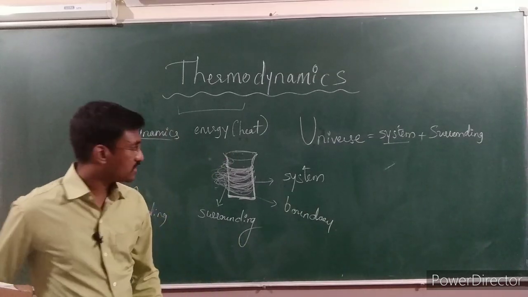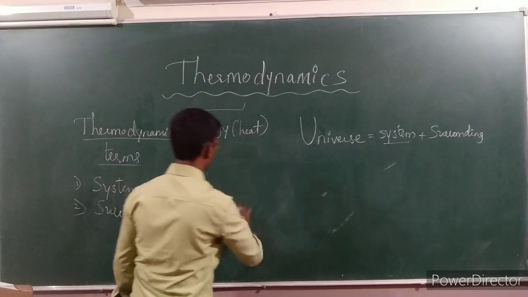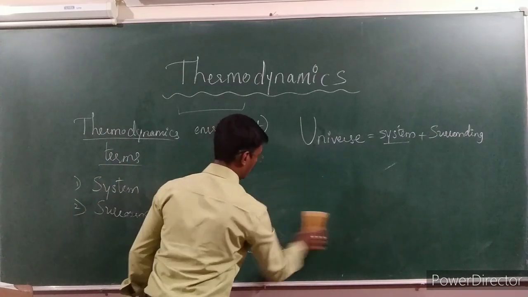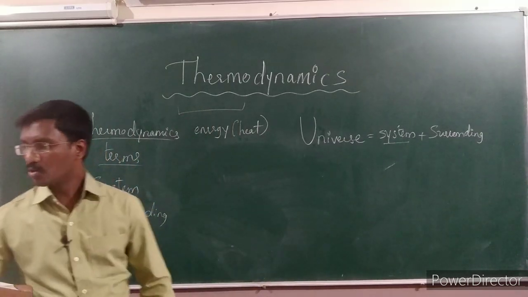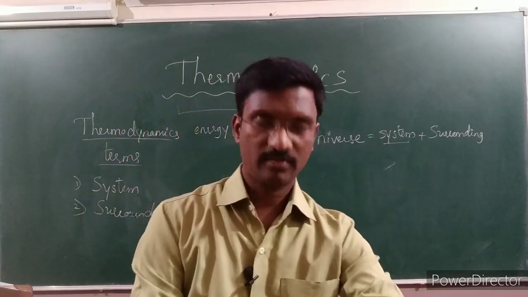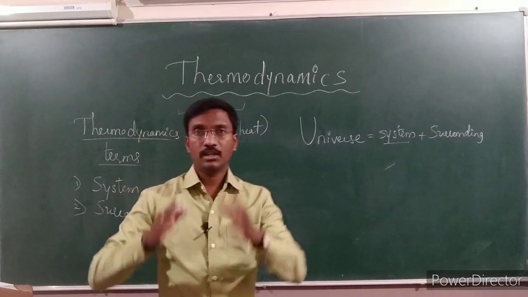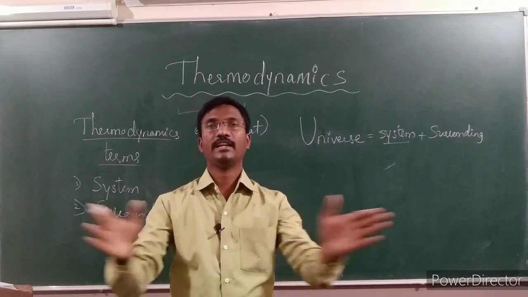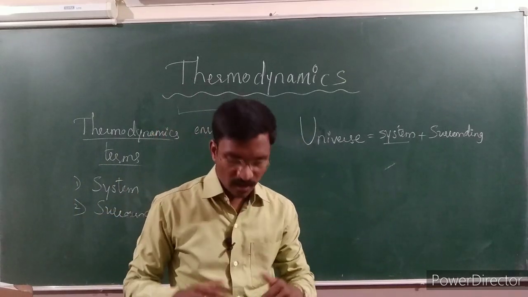And system and surrounding are differentiated by an imaginary or a real line that is called the boundary. I hope now you can understand what is system and surrounding. If you are in a room, you are considered the system and the remaining is the surrounding.